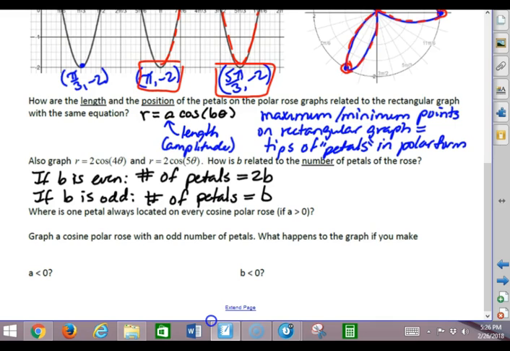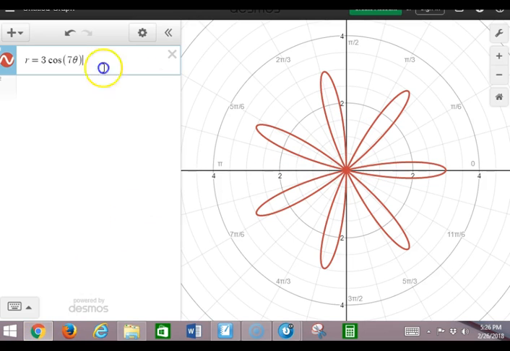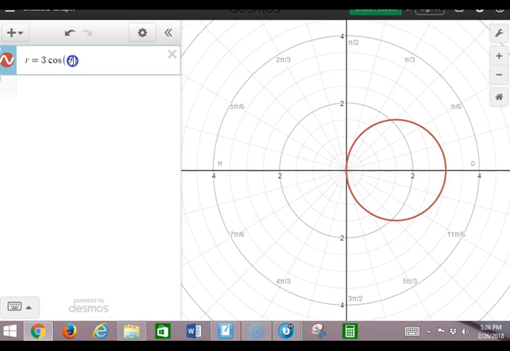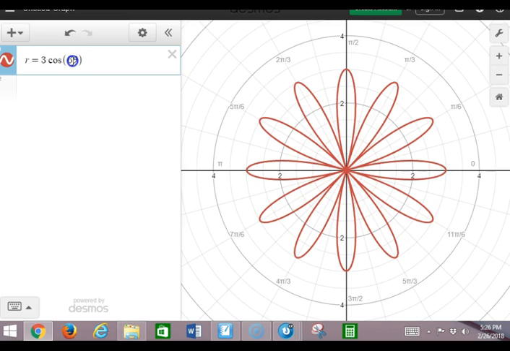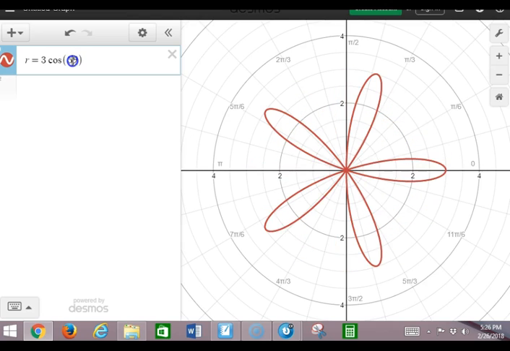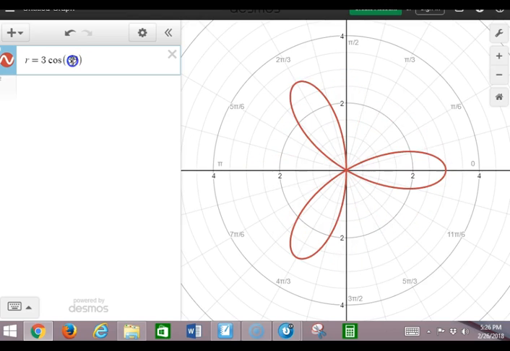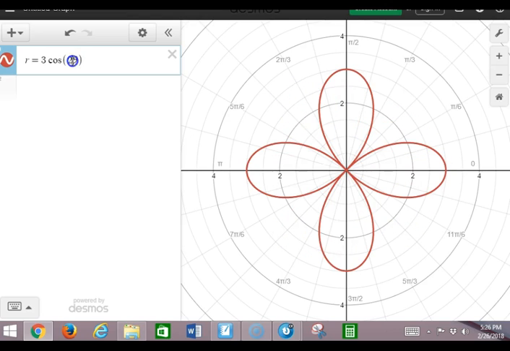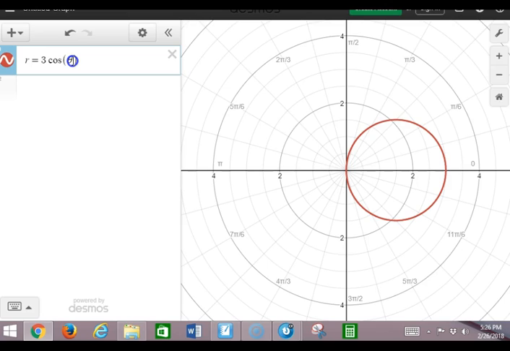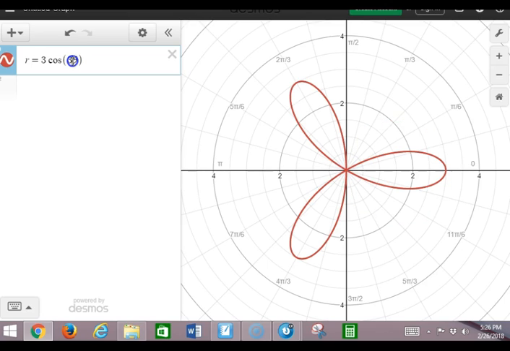And where is one petal always located on every cosine polar rose? So if we look here, see if we can see which petal never moves. They get skinnier and wider, but which one never moves? Okay, so let's look at this.